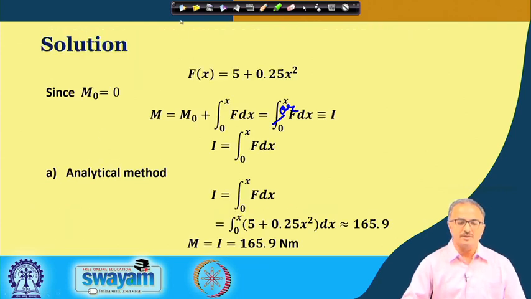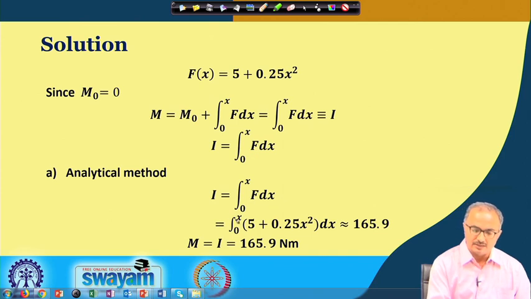First, let us go with the analytical solution. Here we have this f of x, and if you put this f dx as the integrand I, then I is equal to the integral from 0 to x of f dx, and the m 0 value is 0 as given in the problem. Analytically, this will give you 5x and 0.25 by 3 x cube. Then you put the limits from 0 to 11, taking x as 11.